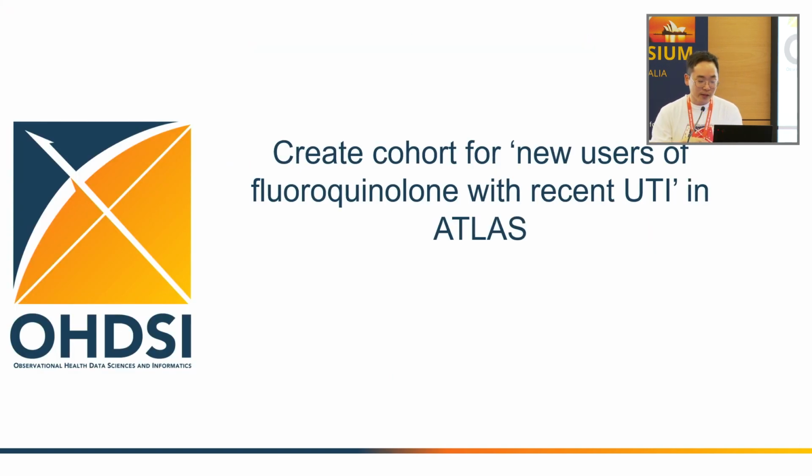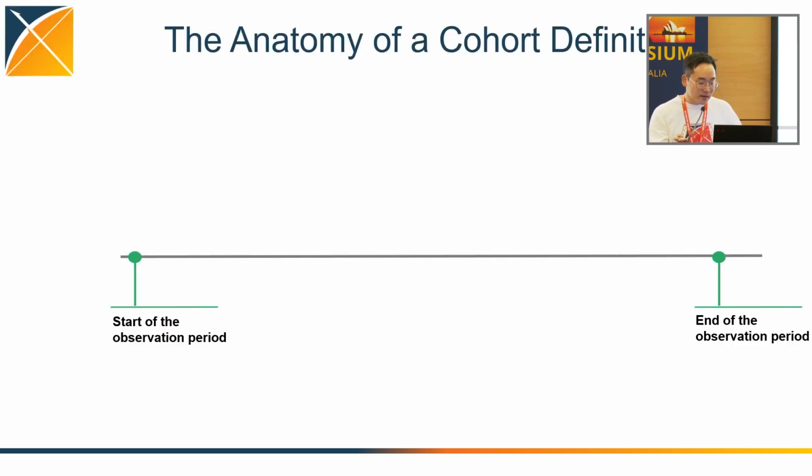So we're going to create a cohort of new users of fluoroquinolone with recent UTI in ATLAS, which Jack and our team created for our SOS challenge. Let me dissect the anatomy of the cohort definition.